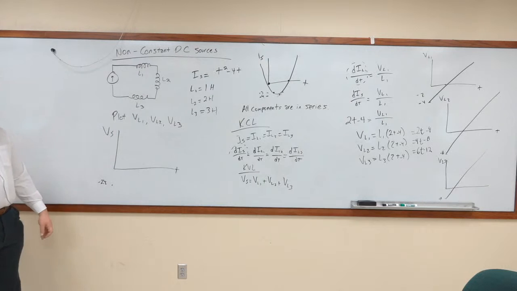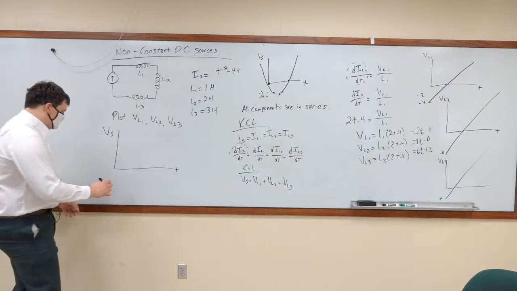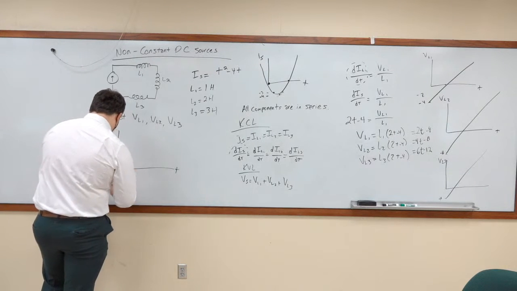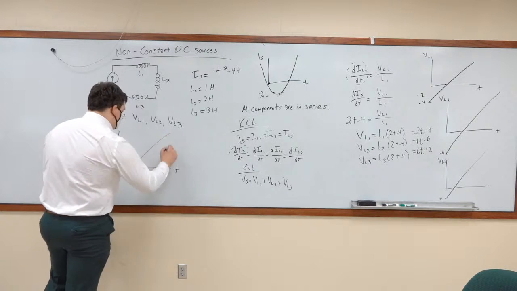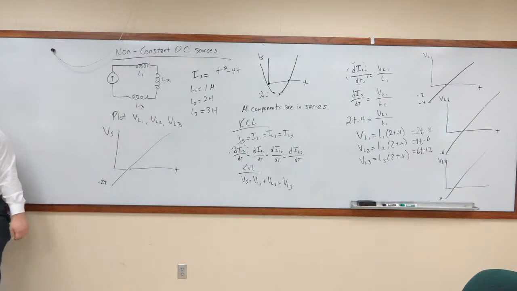So that's awesome. And then it goes to t equals 2, it goes to 0. And then that's our line. At 4 seconds, it's back at 24 volts. And then it just keeps increasing forever. That's what our source voltage looks like.